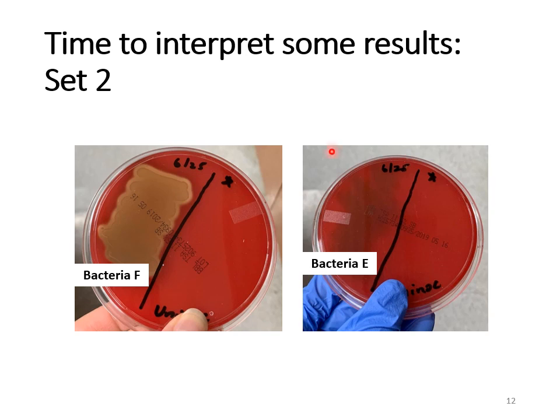So you're looking at bacteria F and bacteria E. Now notice the plate has a line drawn down the center. That's so that you can see this is where the bacteria was streaked. This is how the plate looked uninoculated, so before any bacteria was placed. Okay, so this is the regular plate. This is what happens to it with bacteria F. This is the regular plate. This is what it looks like with bacteria E.